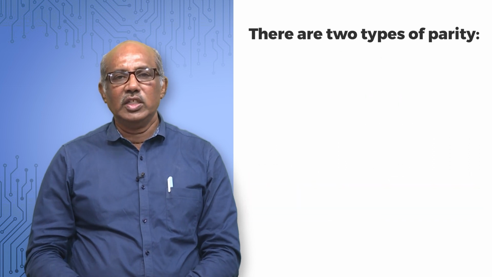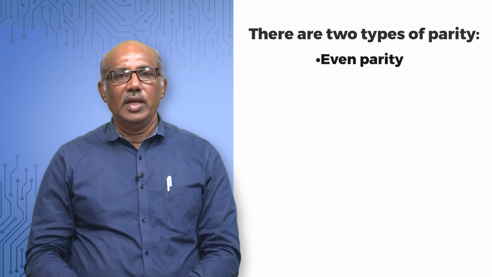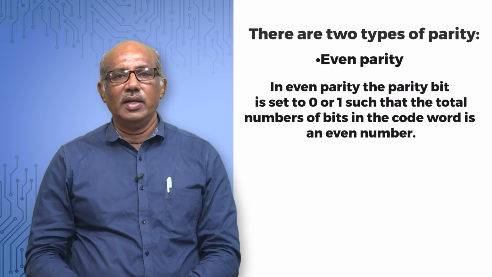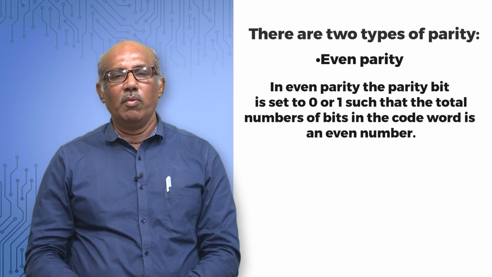Now, we come to the next example, that is the even parity. In even parity, the parity bit is set to 1 or 0 such that the total number of ones in the code word is an even number. Fine. So, we just see an example over here. We have the data word 0, 0, 1, 1. The number of ones in the data word is even.